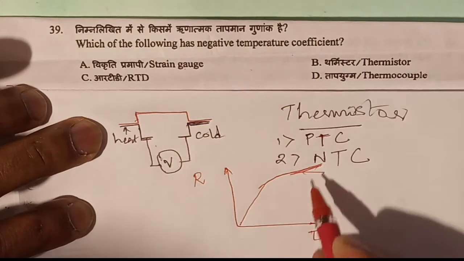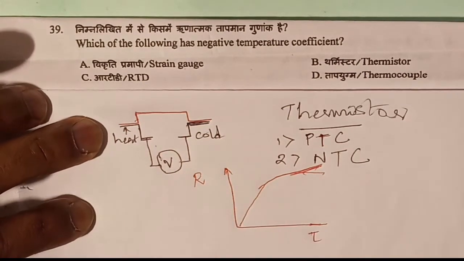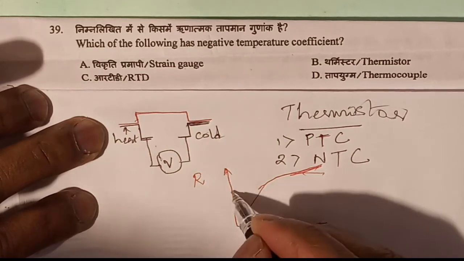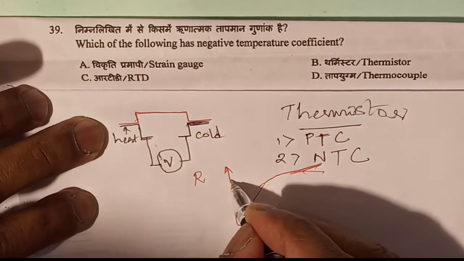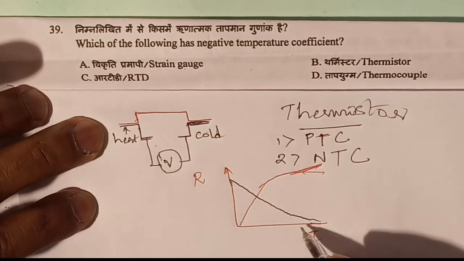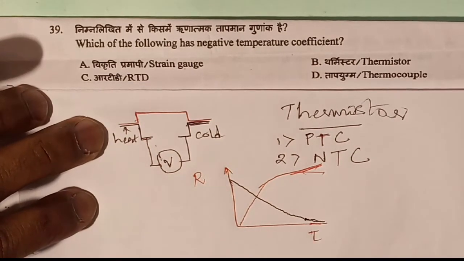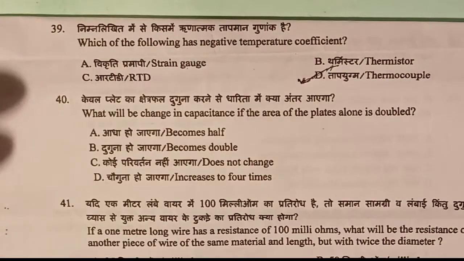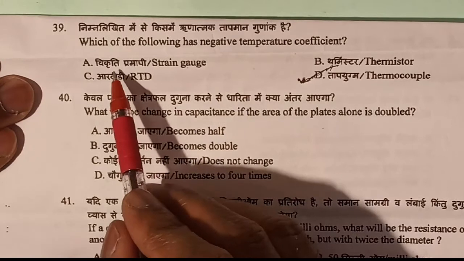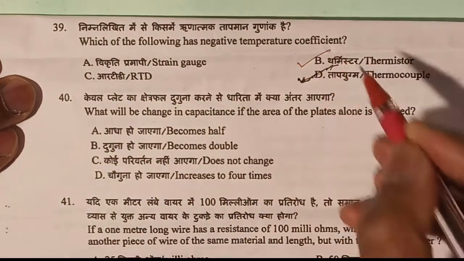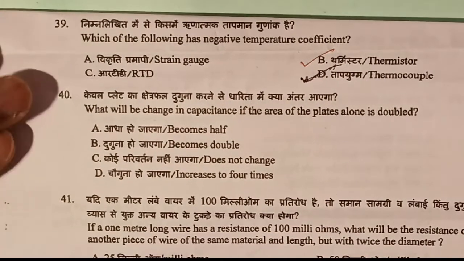For an NTC, with the rise in temperature, this resistance decreases. That is what NTC is. So the answer for question number 39 is thermistor. Now we'll go to the next question.